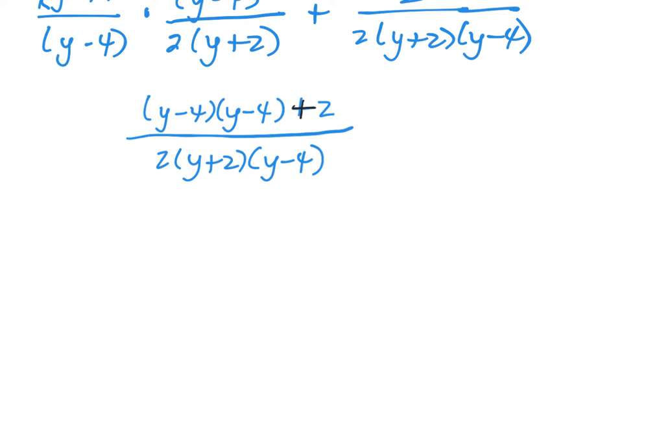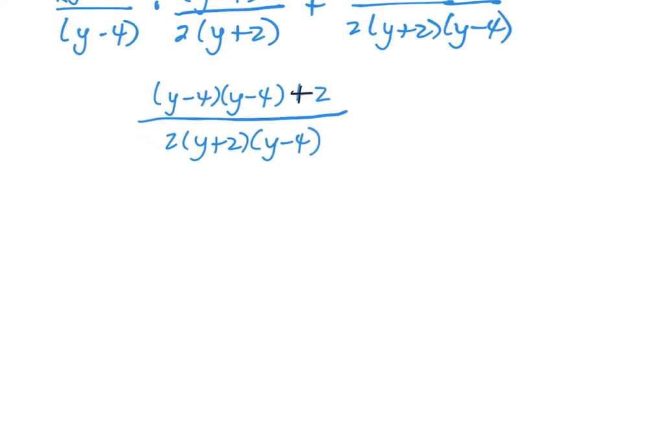So right now we need to multiply out the numerator. y minus 4 times y minus 4 will be y squared. The minus 4y becomes minus 8y. And then minus 4 times minus 4 is plus 16. And we have a plus 2 over this LCD.